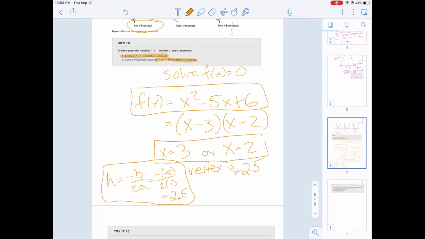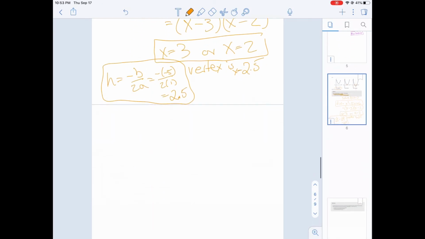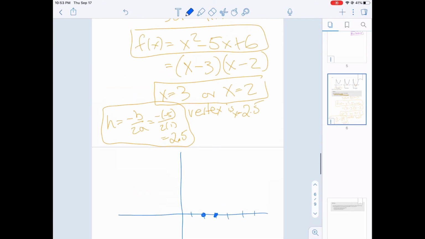So if we were to graph this, let me try that here, we could get a pretty good rough estimate of what this parabola looks like just based on that information. We know 1, 2, 3, 4, 5, 6. We know it crosses here and here. We also know its y-intercept. The y-intercept is 6 because when we set x equal to 0, we get 6.